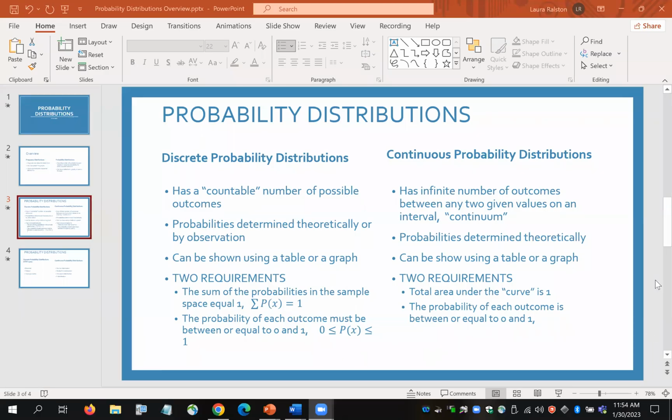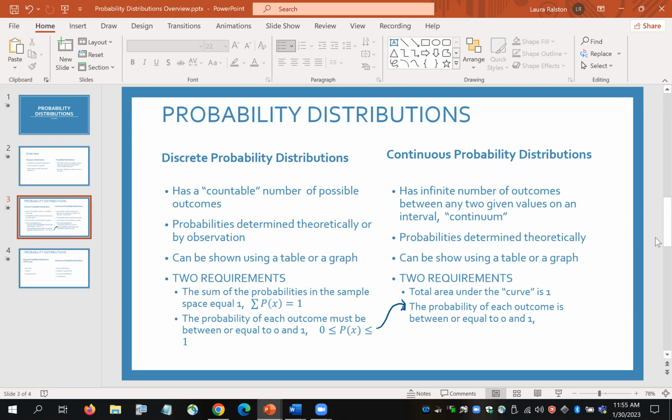Okay, so the two requirements for the continuous probability are really directly related to the things we learned earlier, that the probability of each outcome is between or equal to 0 and 1. So we still have that condition for the continuous probability distribution.